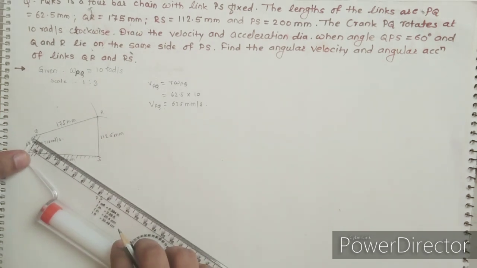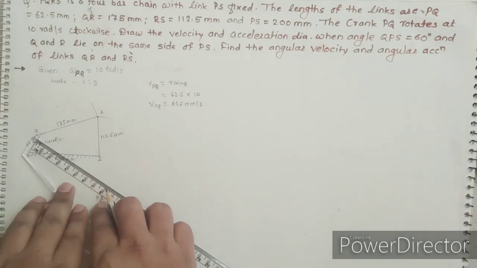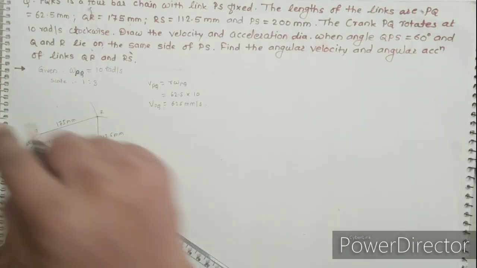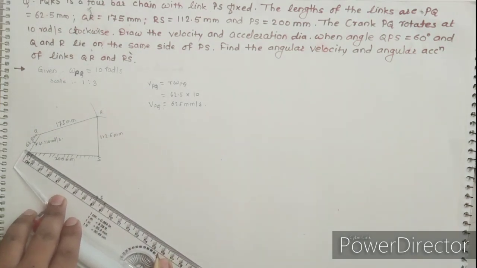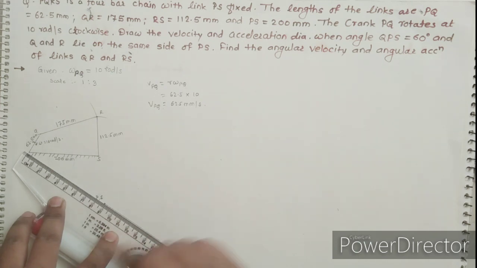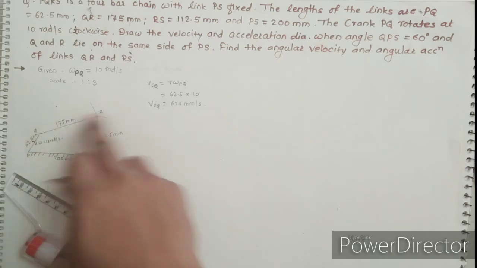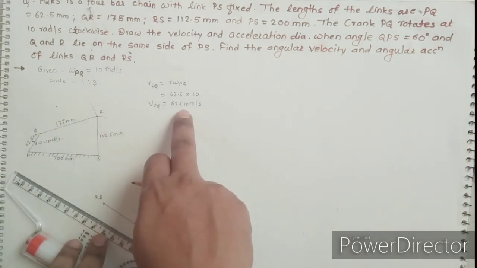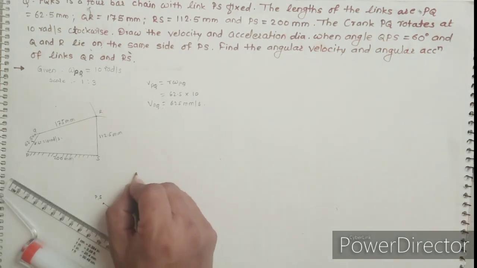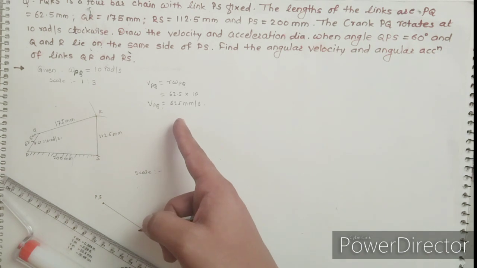For drawing a perpendicular line, you can match a scale line with the link. Draw the perpendicular line here, but for PQ the velocity is 625 mm per second, so we have to take a scale for the velocity diagram. Let us take a scale of 1:10.